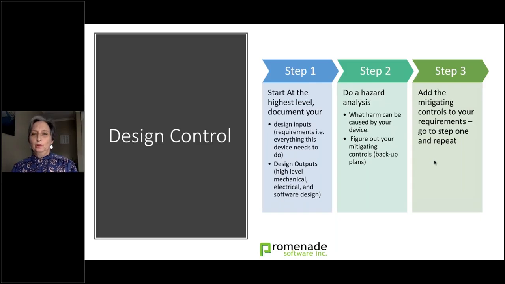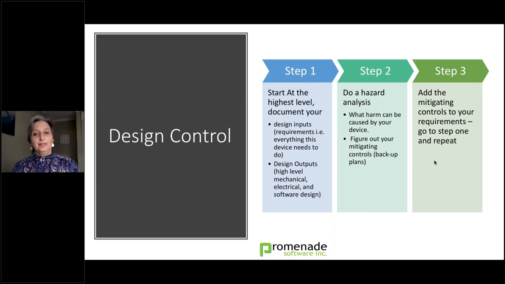You need to understand what kind of harm you can cause and then figure out how to mitigate it with controls. If you've designed out your basic architecture, you know what your requirements are. The next step is to figure out how this instrument, if things go wrong, could harm somebody, and what backups you will have to mitigate it.